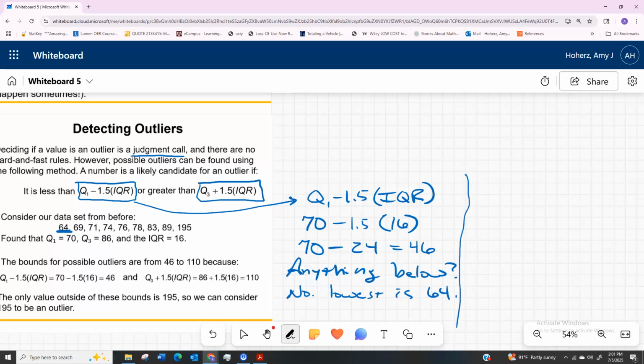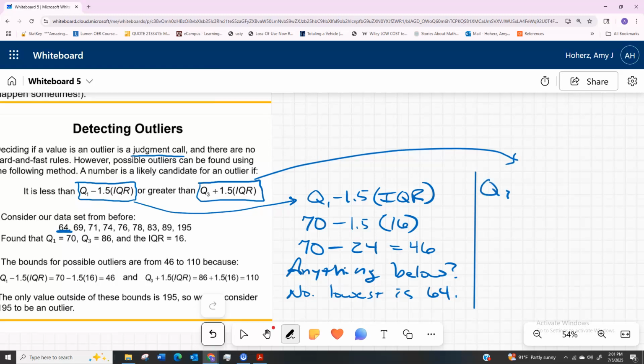But then we have to do the same thing for the other side. So let's look at the calculation for Q3 plus 1.5 times the IQR. The IQR is going to be the same, 16. And our Q3 was found to be 86. So we're going to put 86 in there.